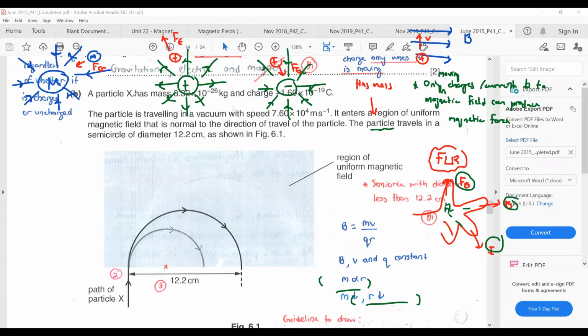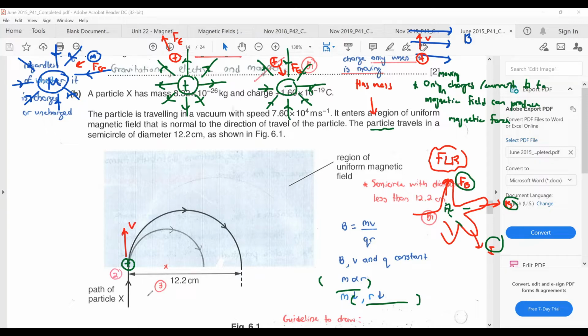They tell you that this one is a charged particle and it is positive. So say consider your charged particle here, positive. At the point where it just enters the field, at this part of the circle here, your velocity will be here.